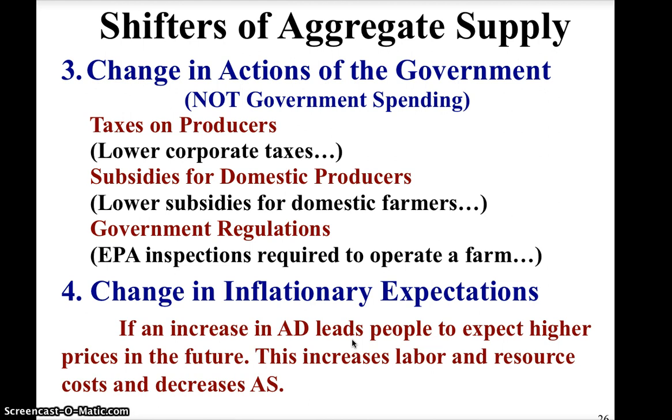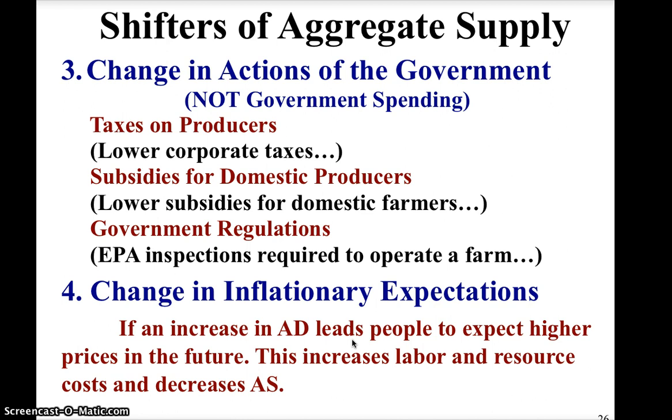If some type of increase in aggregate demand leads people to expect higher inflation in the future, let's say that the Federal Reserve prints a lot of money and we expect inflation to increase, or the government gives a giant tax cut which increases aggregate demand at the same time that the Federal Reserve is printing lots of money, well then people are going to know that inflation is going to occur.